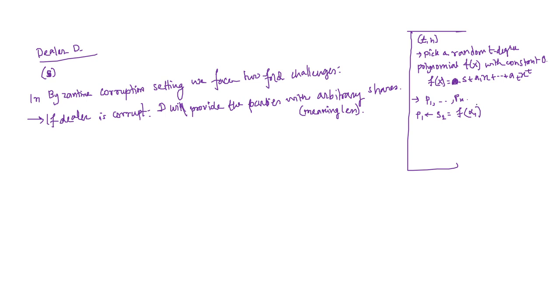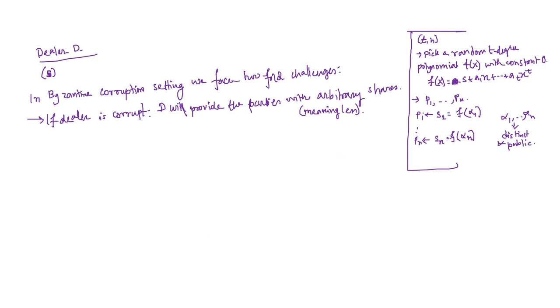This point is publicly known, but s1 is provided only to P1. Similarly, Pn gets sn, which is nothing but the polynomial f evaluated at some publicly known distinct point alpha n. So all these alpha 1 till alpha n are distinct and public.